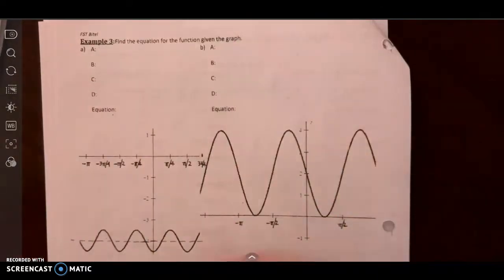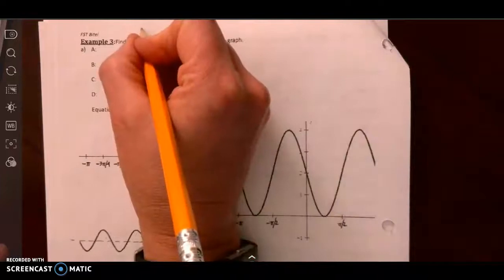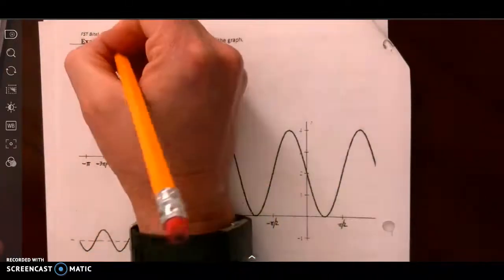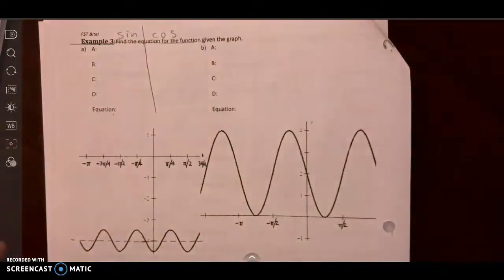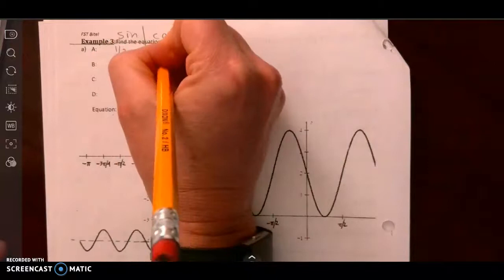And so my A value then is going to be a half. I am going to go ahead and divide this because I need to write an equation for both sine as well as for cosine. And so my A value is a half for both.